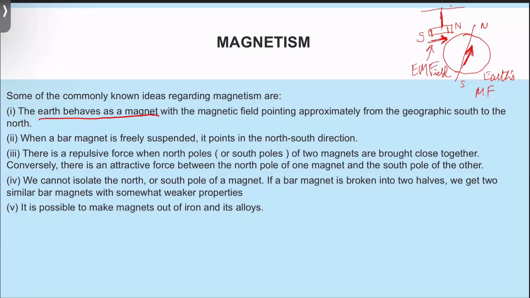Now, if you have two bar magnets placed next to each other and you try to bring them near each other, if the south pole of one is next to the south pole of the other, they are going to experience a repulsive force.